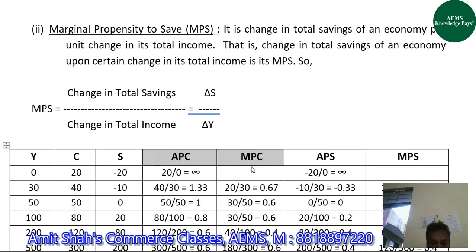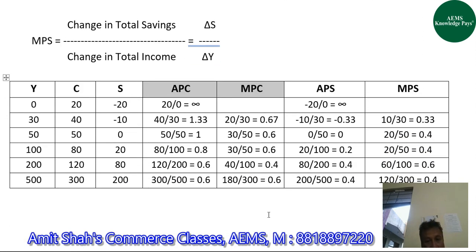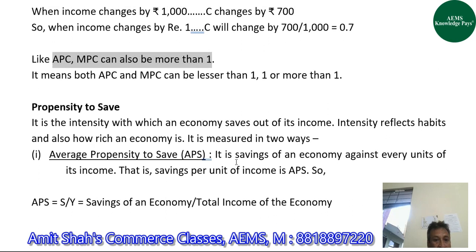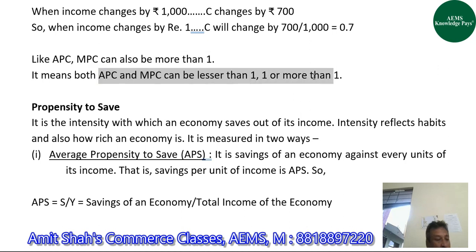Whereas APC and MPC, they both can be 1 or more than 1. But these two cannot be 1 nor more than 1. I wrote this here, guys. APC and MPC can be lesser than 1, 1 or more than 1.